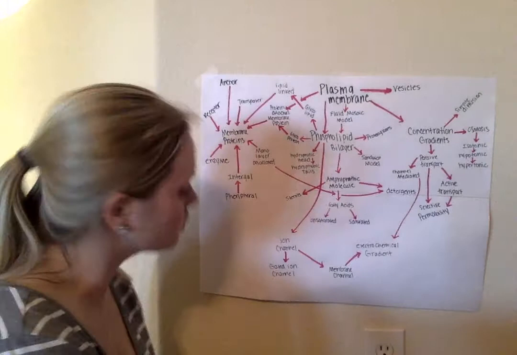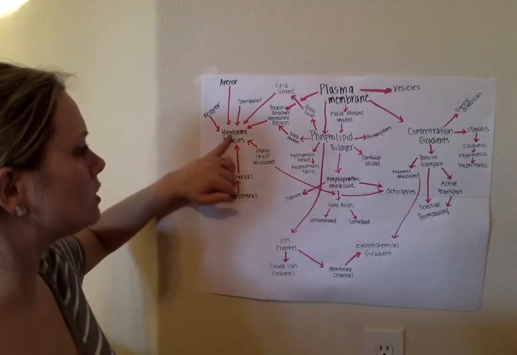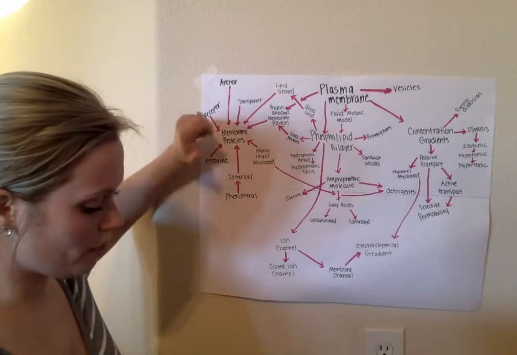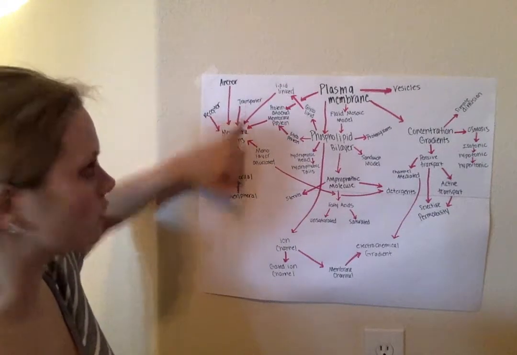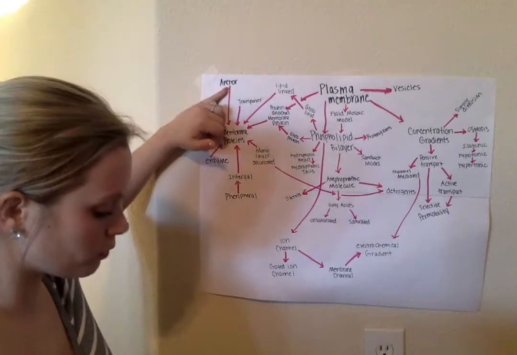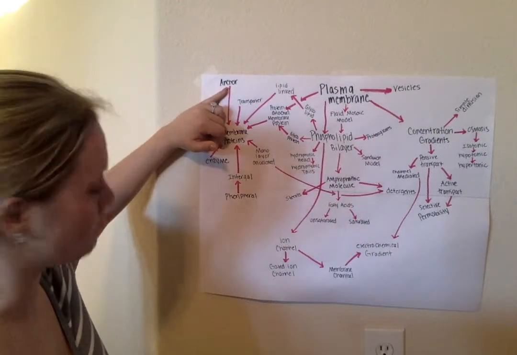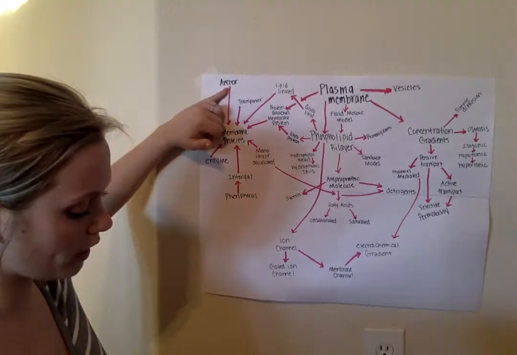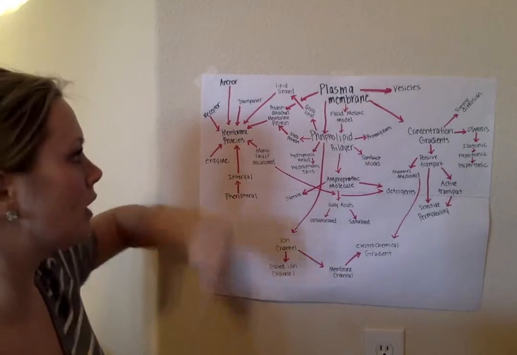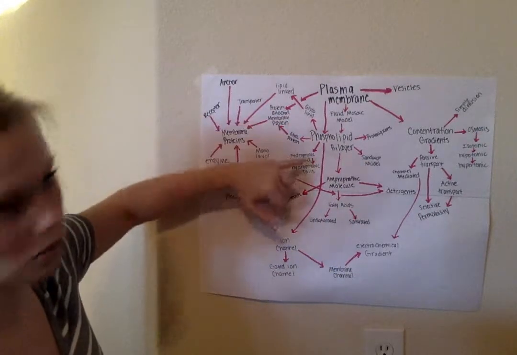So another circle there as well. Membrane proteins have transporter proteins, which transport materials across the plasma membrane, so back to the plasma membrane. You also have anchor proteins, which anchor membrane macromolecules onto either side of the plasma membrane. So again, back to the plasma membrane.